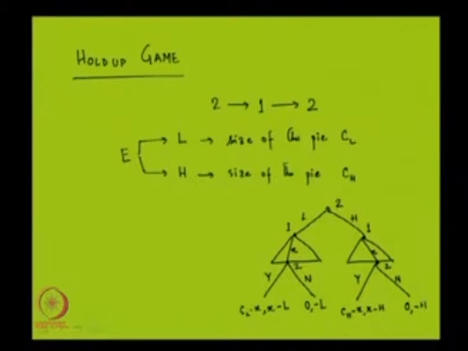In terms of the language of extensive game, it will be like that: two players, player 1 and 2. What are the terminal histories?